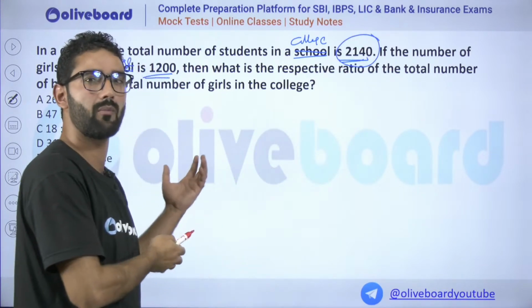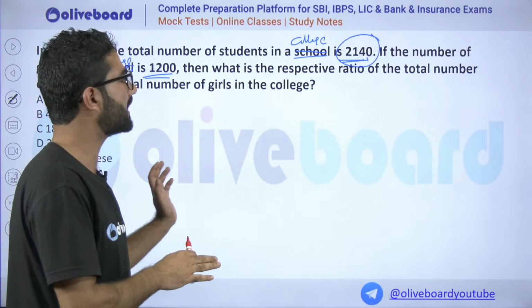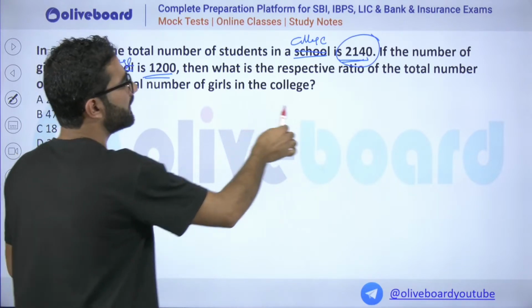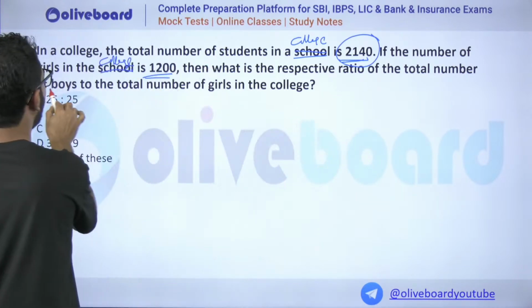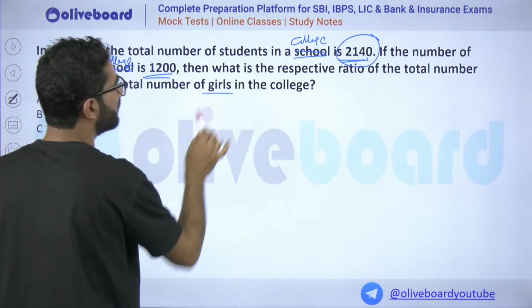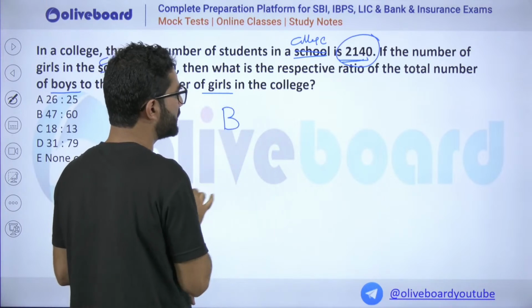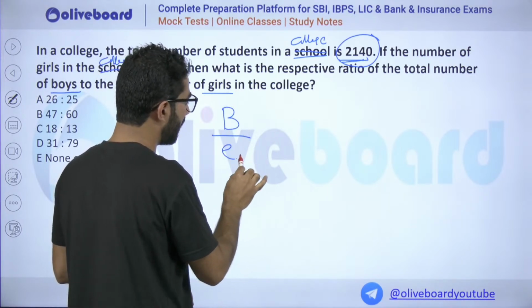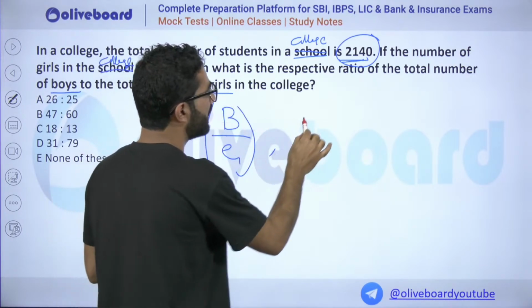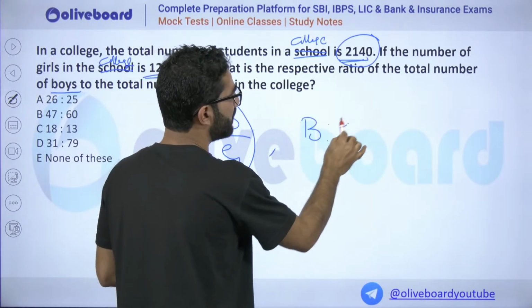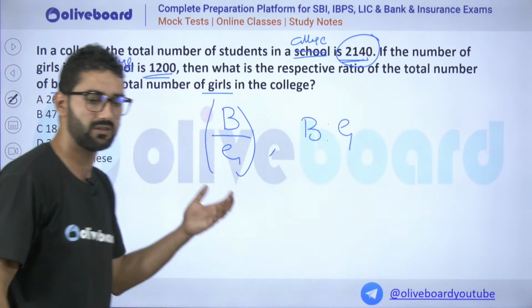You can calculate the number of boys simply by subtracting the values. Then what is the respective ratio of the total number of boys to the total number of girls? So we are going to calculate the ratio of boys to that of girls.